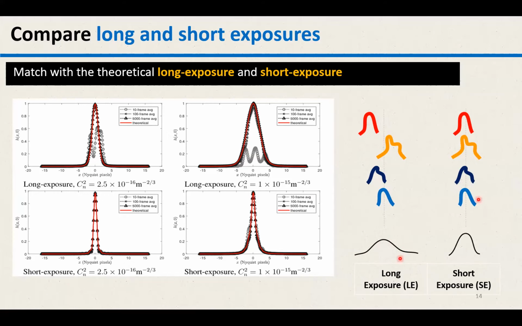Same for the short exposure. The short exposure is the point spread function without the tilt. So think about the Zernike coefficients. Remove the first two Zernike coefficients, then you have this short exposure pattern. You take the average, compare with the theoretical equation. If they match, you're good. And so for the simulator that we built, we do have a very, very good match with the long and short exposure patterns. That justifies that the statistical properties are all satisfied.